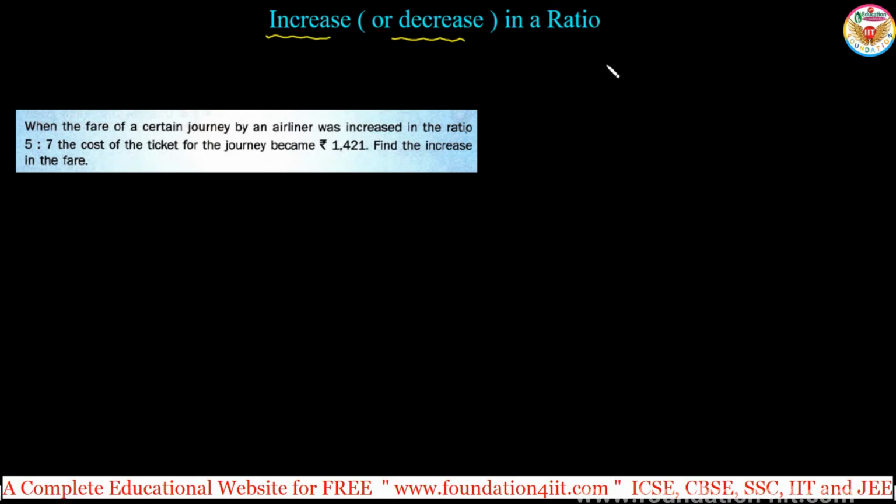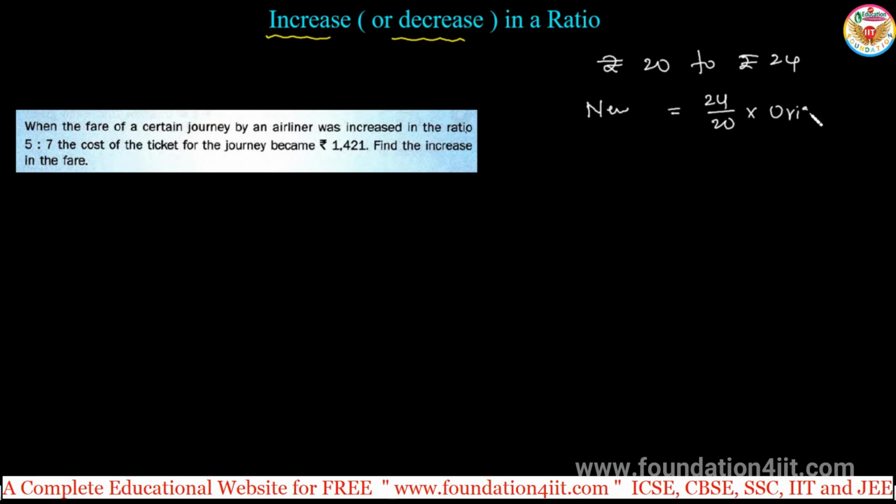For example, the cost of an article increased from 20 rupees to 24. 20 to 24 rupees is increased. If you want to find out the new price, we take 24 divided by 20 into the original price.